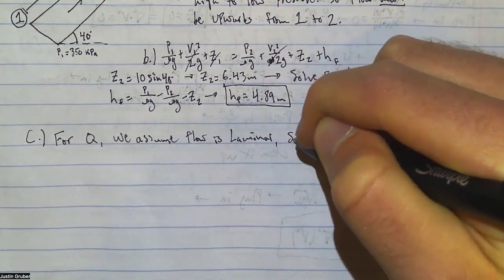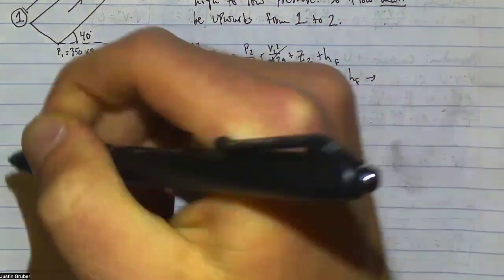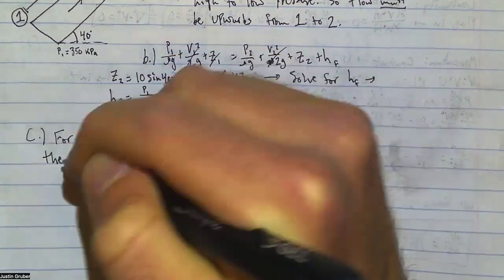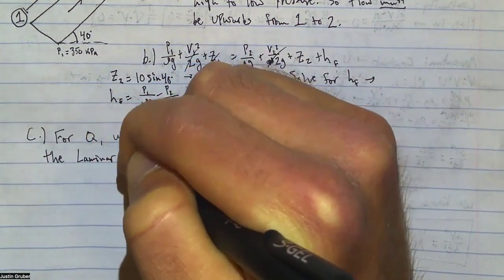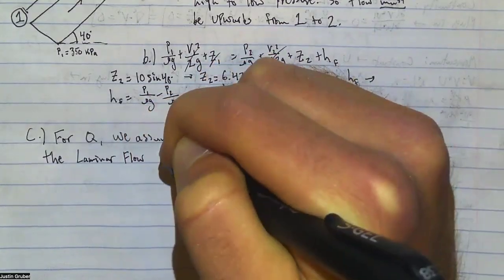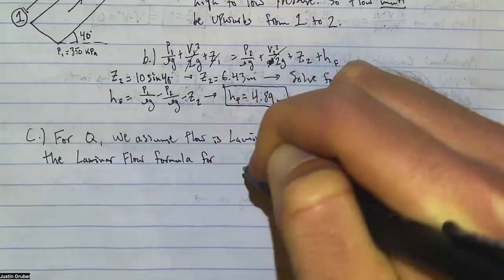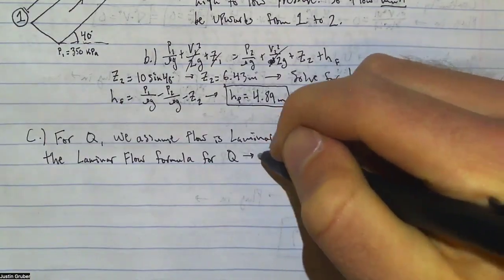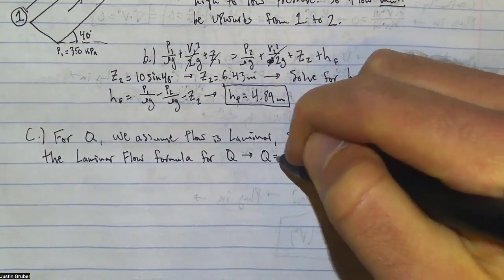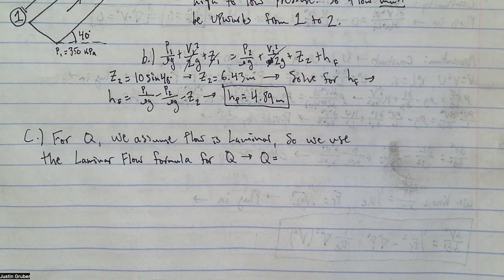So we use the laminar flow equation for Q, where this will be given to you. All right, and so Q for a laminar flow. He'll sit there and derive this, I'm sure. Don't ask me to derive it. There's a lot of calculus behind it.